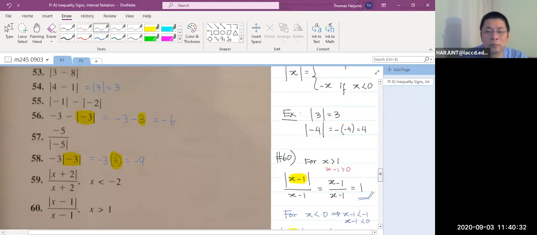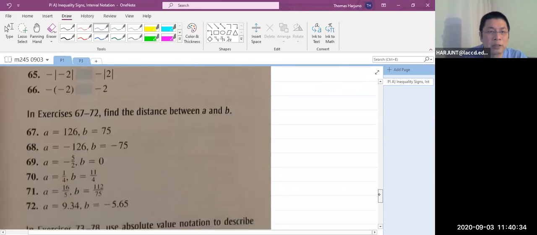Furthermore, talking about distance. Find the distance between A and B. Let's do number 68, for example. The distance between A and B is equal to the absolute value of -126 minus -75.